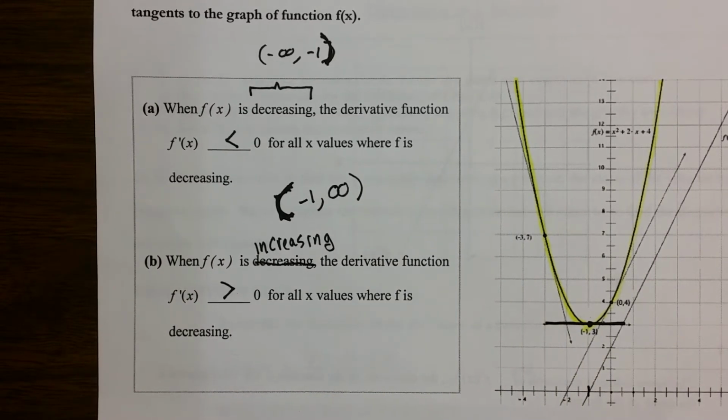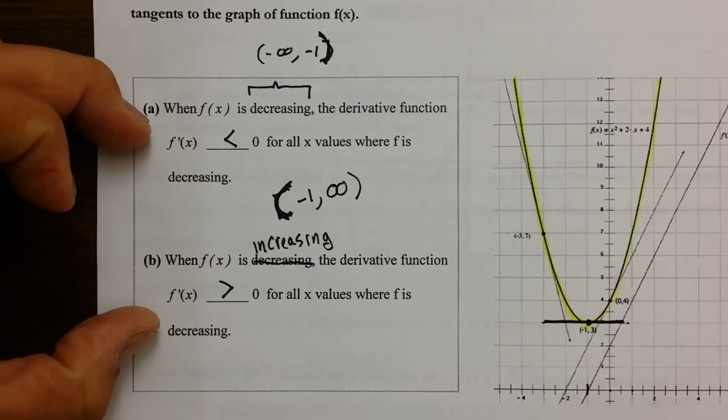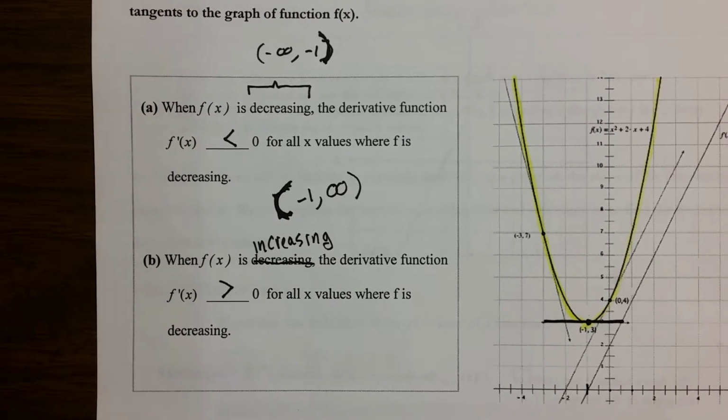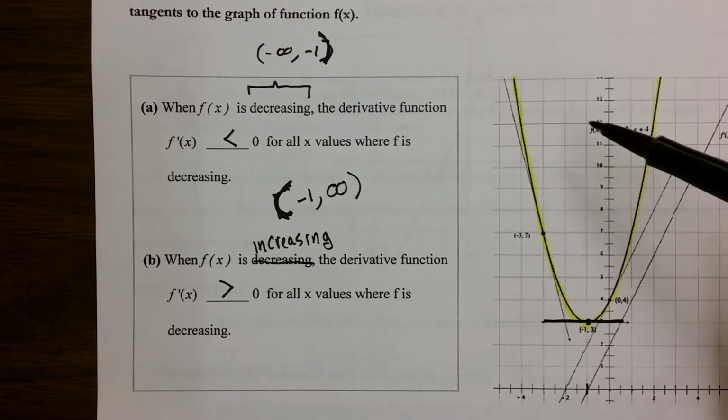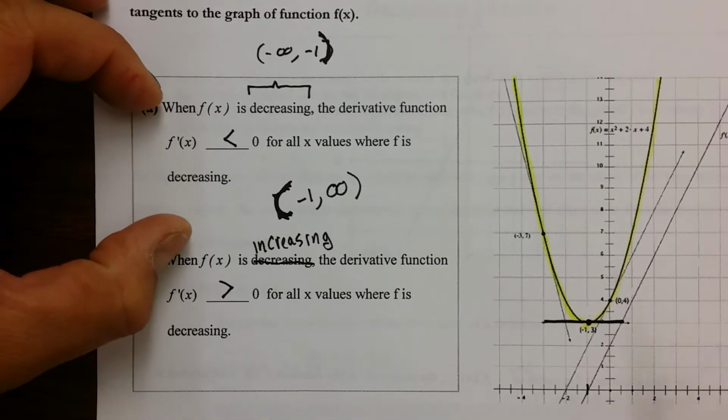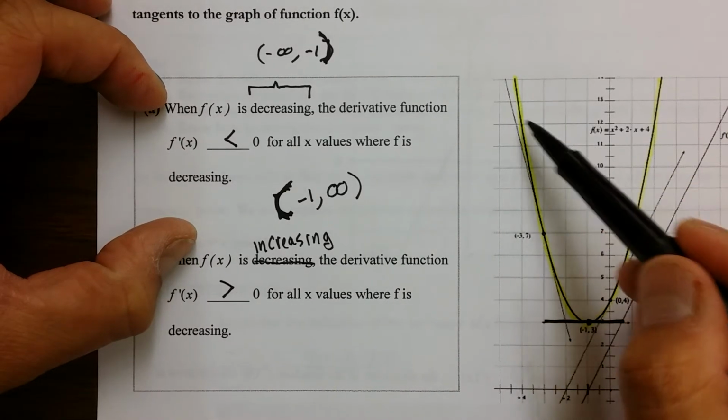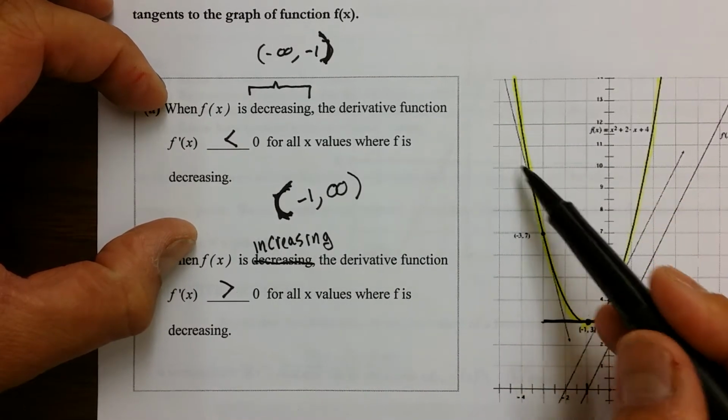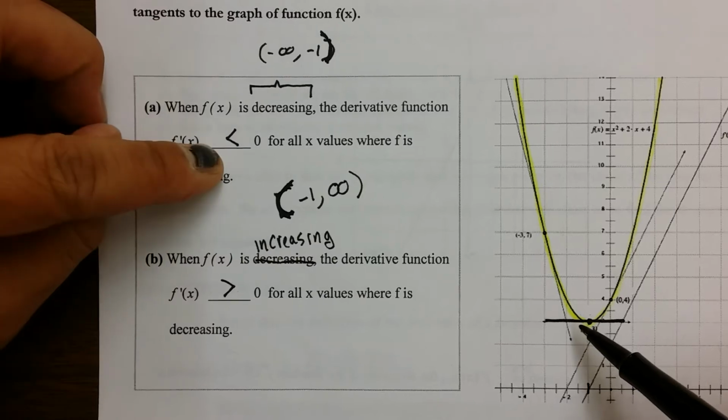All right, this is cool because by knowing these characteristics, we are able to get a feel for the value of our derivative without doing a lot of work. We can take a look at the curve and say, for sure the derivative from negative infinity up to -1 is going to be a negative number.